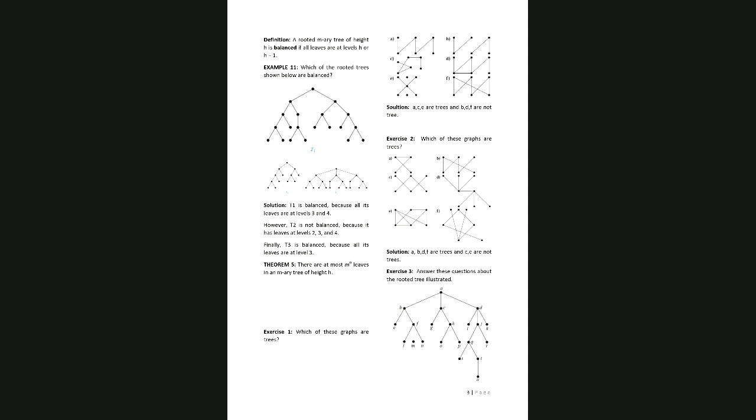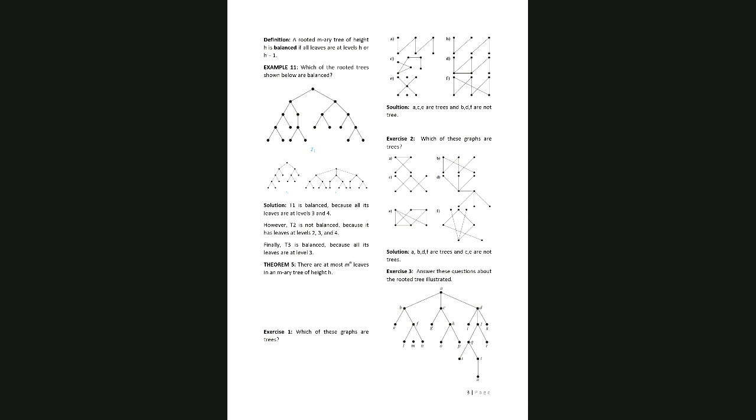Similarly, in this question number 2, see which graphs are trees and which graphs are not trees. All are undirected. See, A contains just one part, meaning it is connected, and there is no circuit. So A is a tree.